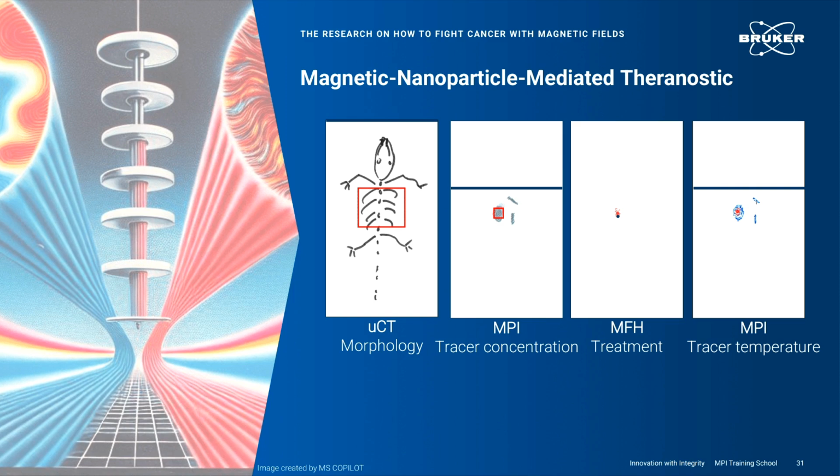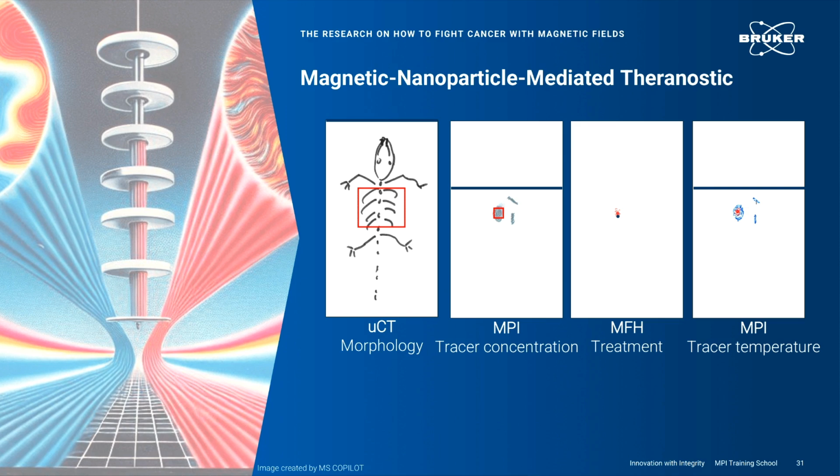I'm really a bad drawer, and this was just in a night session. So what we can do, in CT, we can just scan the animal from tip to toe. Then we plan for where we want to do imaging, to have the MPI tracer concentration. Then we are planning where to heat up in this concentration difference, and only locally we treat the tracer.